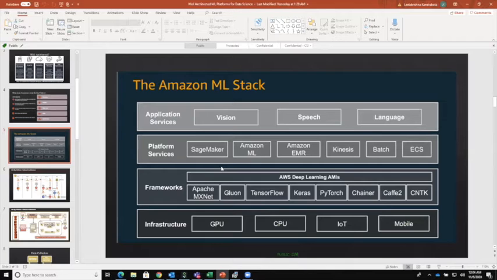So if you know Python, if you've used JupyterHub, then you would want to try SageMaker to leverage how to deploy your JupyterHub notebook onto a SageMaker based GPU instance. If you want to extract data, you want to use something like EMR or Kinesis to get streaming data and train your model with SageMaker.